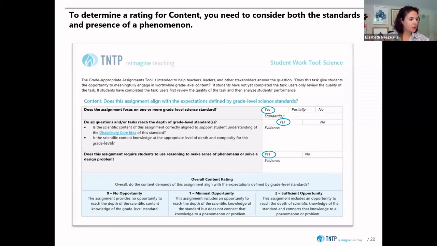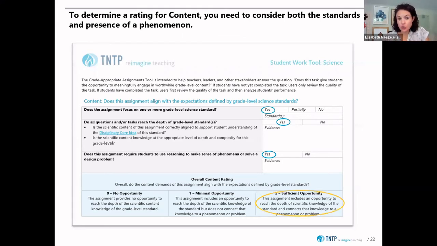And then this assignment also earns a yes for making use of a phenomenon. It starts with the engage activity, which is about students rubbing their hands together faster and slower, and then thinking about how they can use the content to explain that phenomenon. It's not as rich of a phenomenon as the ones we saw in the June sessions, but it is still a real life example that you can use to help kids make sense of the content.